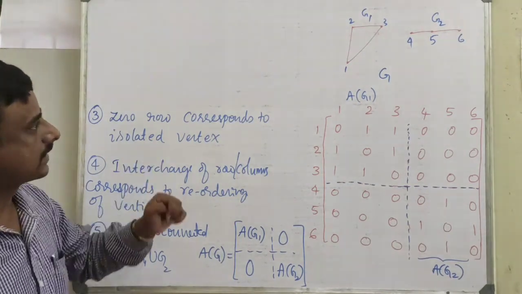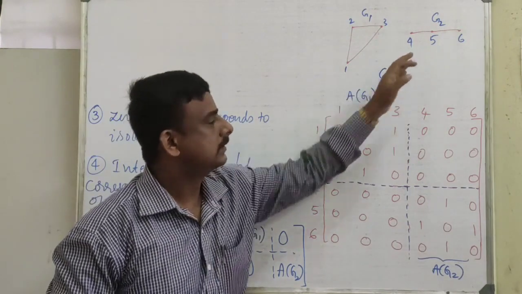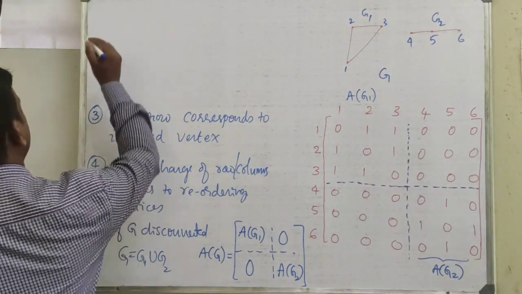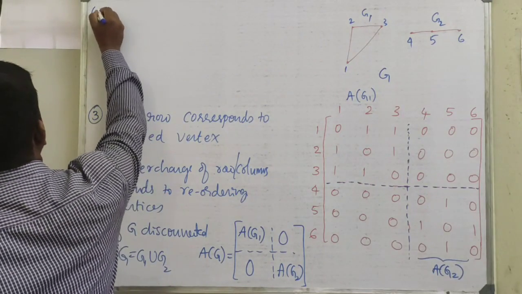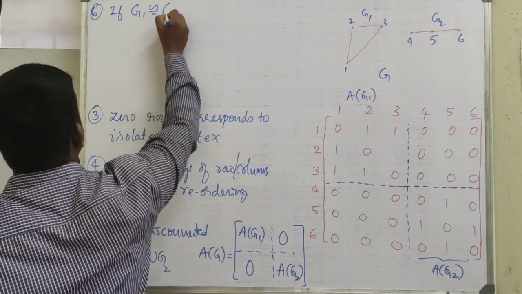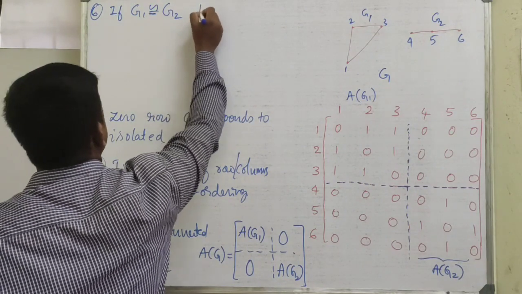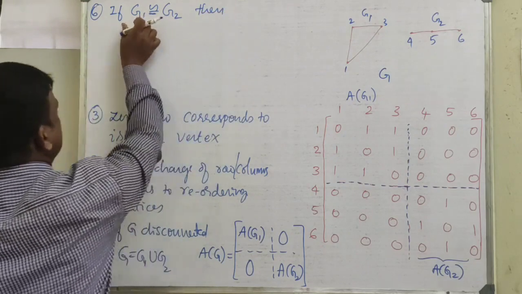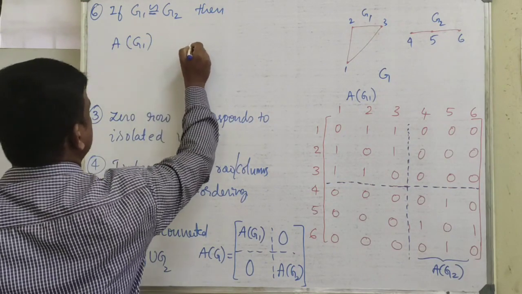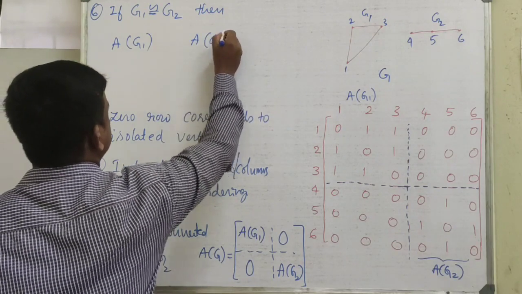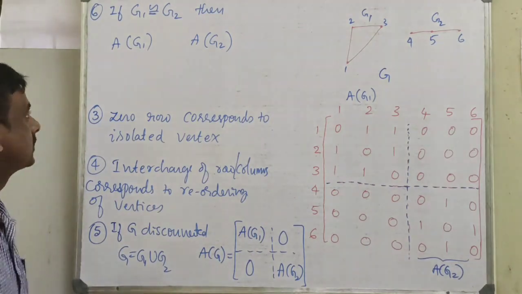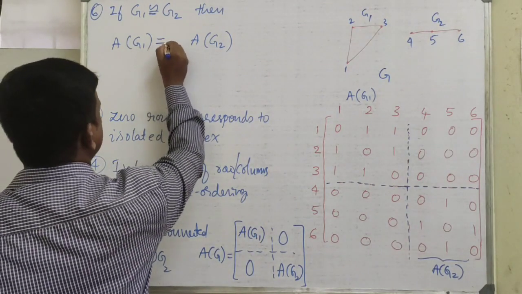Now suppose 2 graphs are isomorphic, then what will the corresponding matrices be? If G1 is isomorphic to G2, you'll get the adjacency matrix of G1 and also of G2. Then how are these two related? These two will be similar.